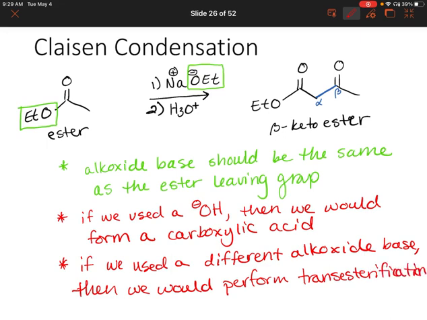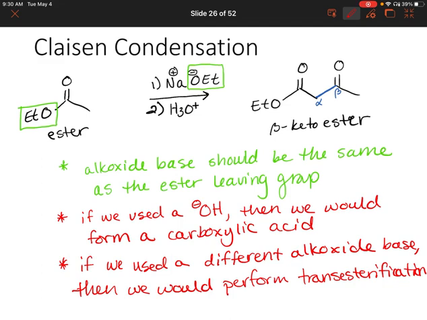And remember, in transesterification, we're basically turning one ester into a different ester. So we would just replace that ethoxide group with a methoxide group, for instance. And we would not end up with our beta keto ester.